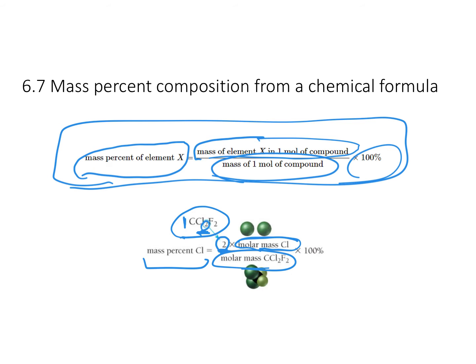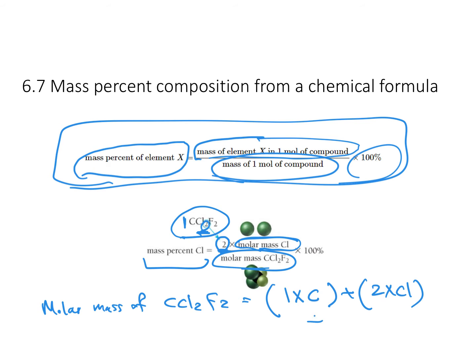So you say molar mass of CCl2F2 equals, you have how many carbon atoms? Right, multiply by C, plus how many chlorine? Plus how many fluorine? Right?